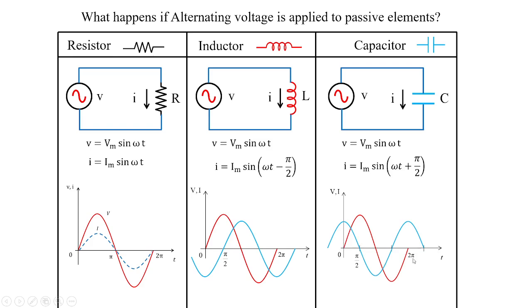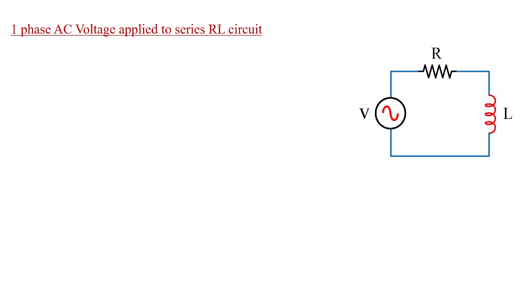Now with this basic concept, we'll jump into the RL circuit. You can see here an instantaneous voltage value is applied to a series RL circuit. When the current starts flowing, it develops a voltage across the resistor and across the inductor as VR and VL.